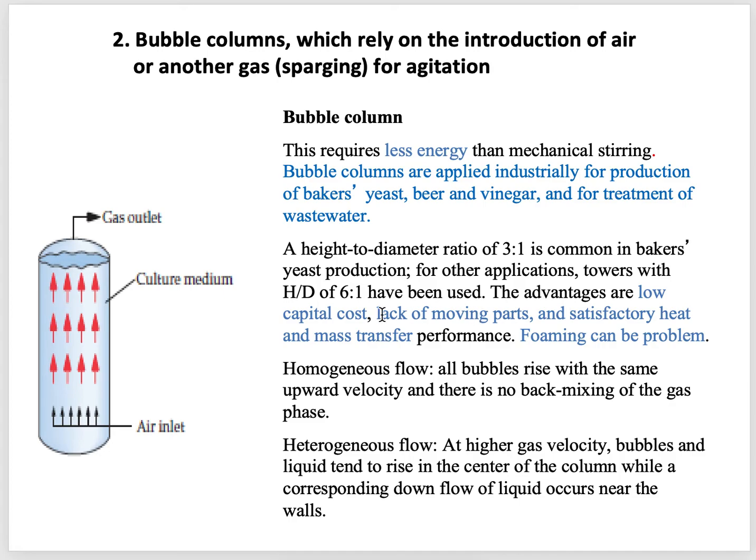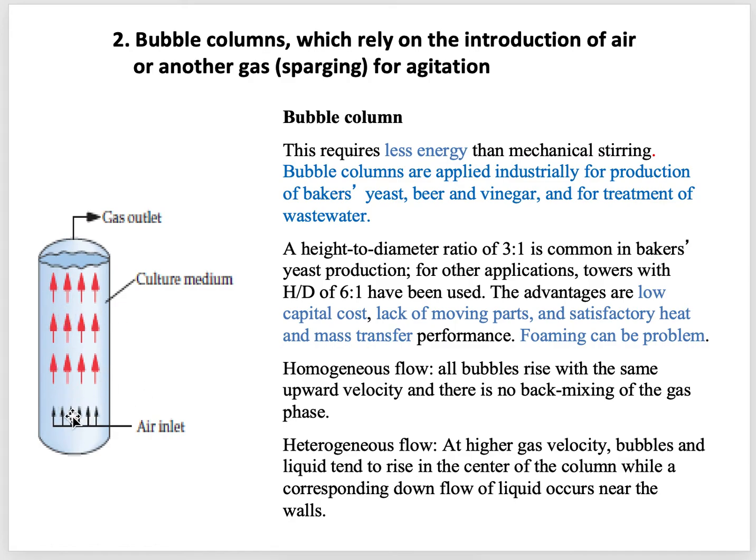Although we don't use the mechanical agitator or stirrer here, foam still can be formed, and it can create problems. Anyway, in the bubble column bioreactor, what do we use for the mixing? Air.